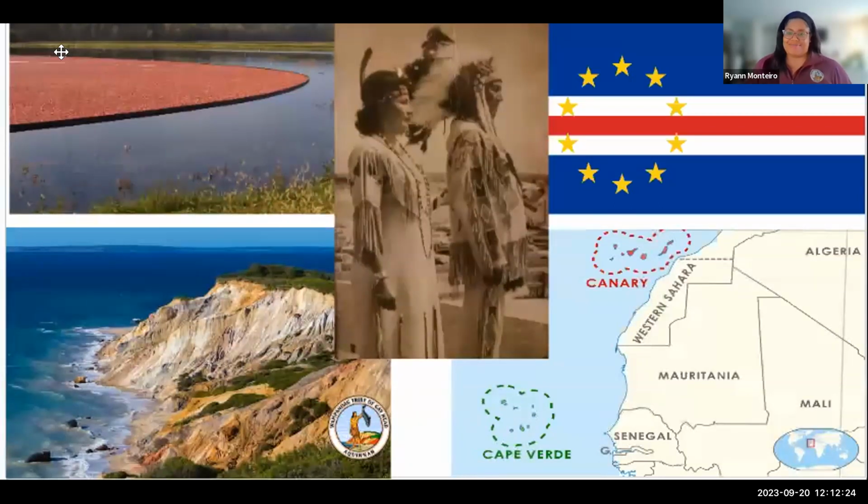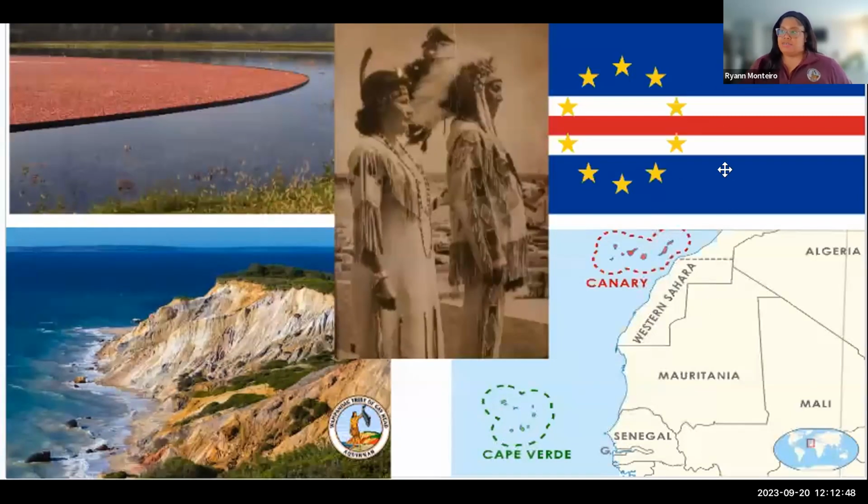I grew up in Rochester, Massachusetts, which is a little bit closer to the Cape. If you've ever had Ocean Spray cranberry juice or have seen a commercial, I grew up where they filmed those. So that's a little fun fact. On the bottom left is a picture of the Aquinnah Cliffs, which is my ancestral home on my father's side.